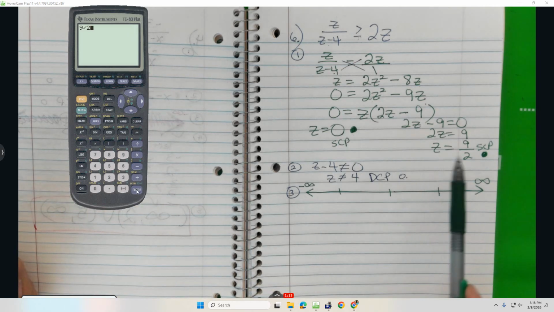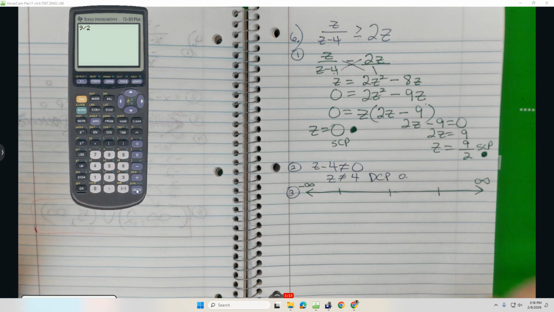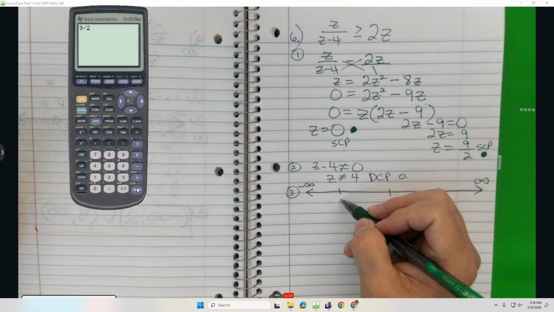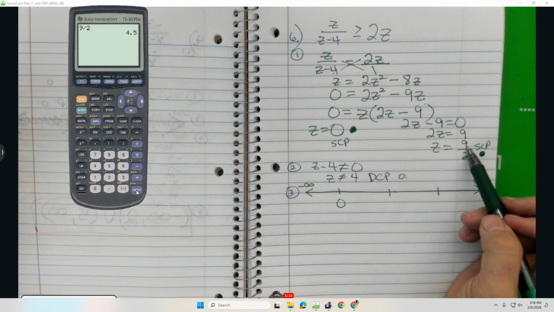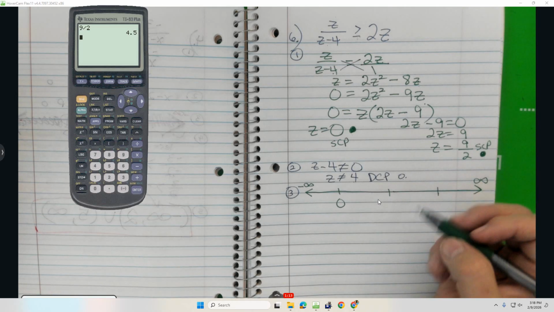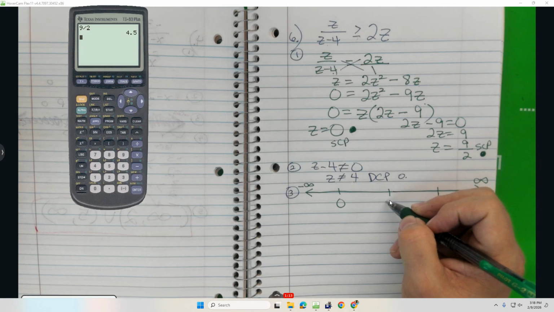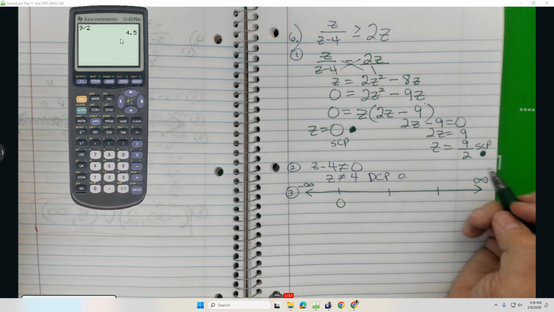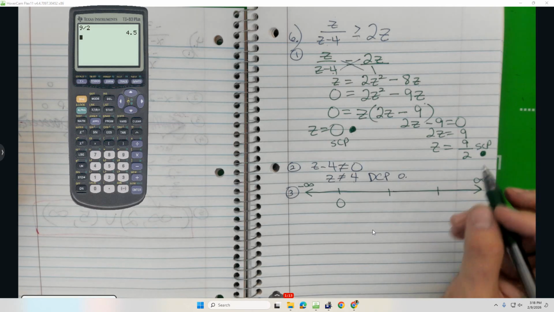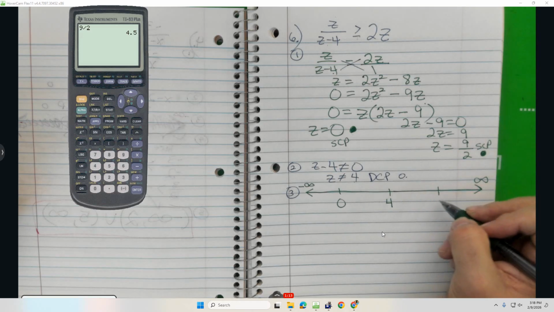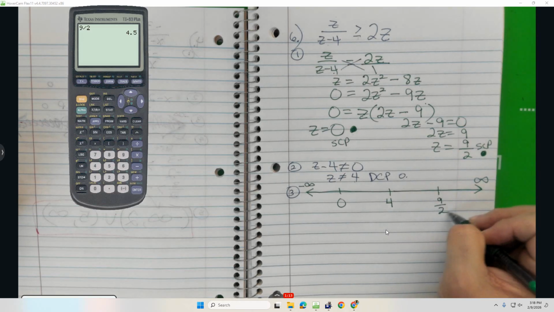Of the 3 cut points, which one will I label first? 0 is the smallest. Then it's not going to be either 9 halves or 4. What will I label next? 9 divided by 2 is 4.5. 4 goes next, and then 9 halves.